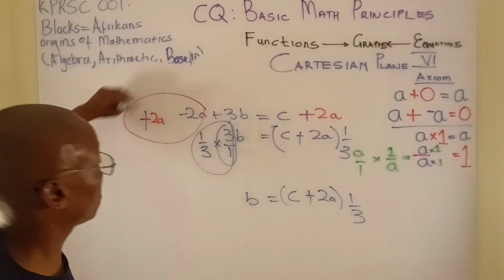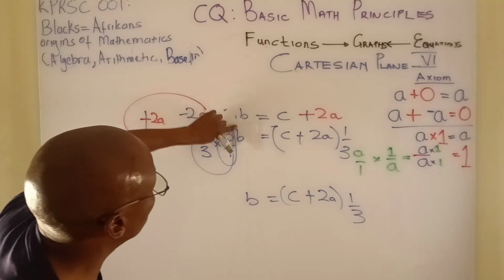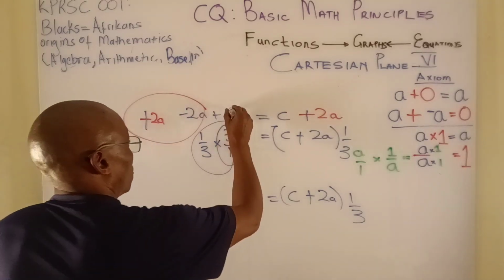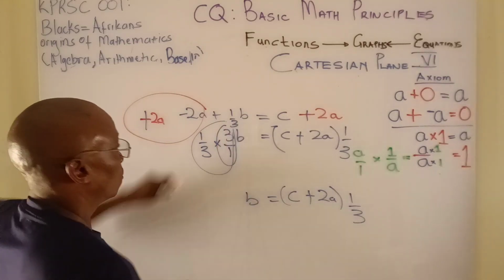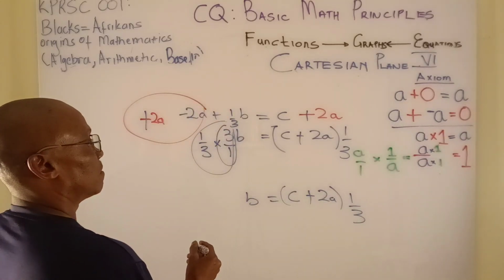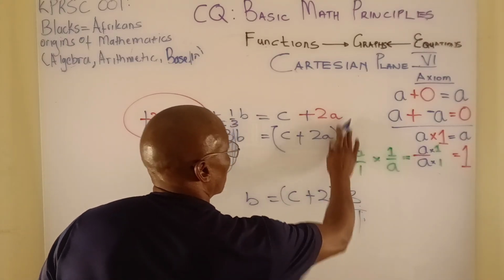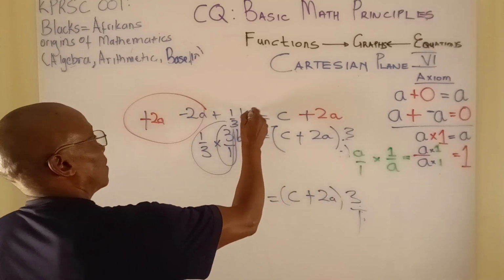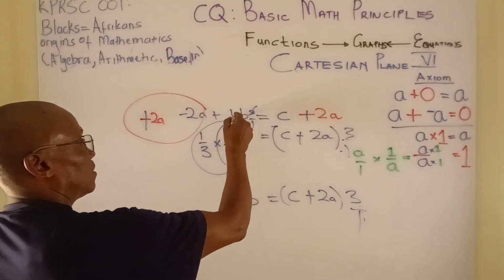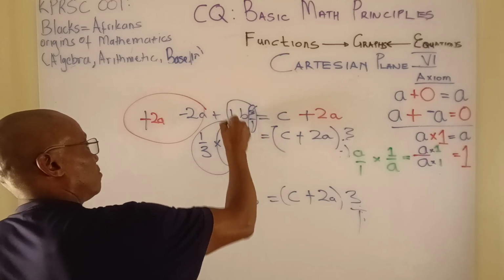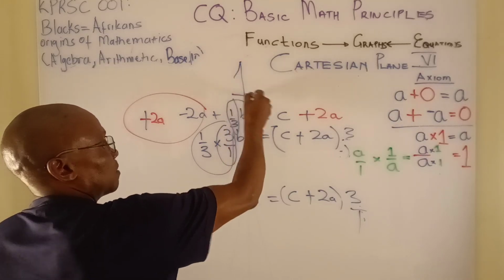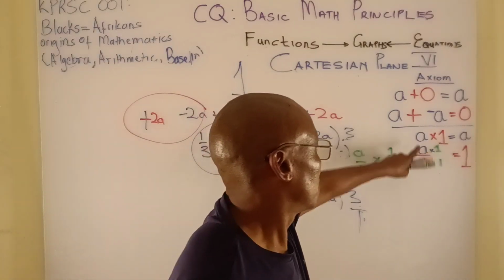This will become 0. If it was dividing here, 1 over 3, well, the inverse is 3 over 1, which means everything will be 3 over 1. And these guys, when they multiply, they must give me 1 because of this.